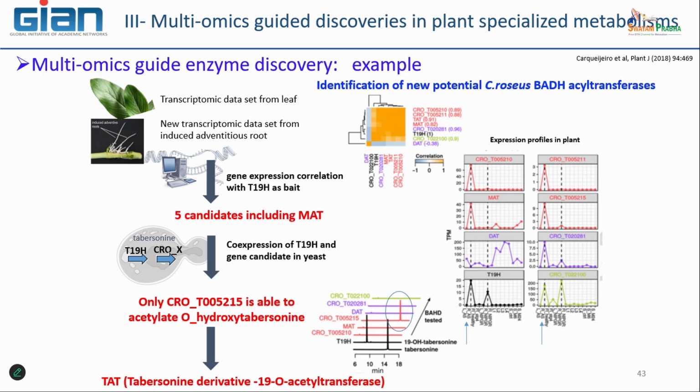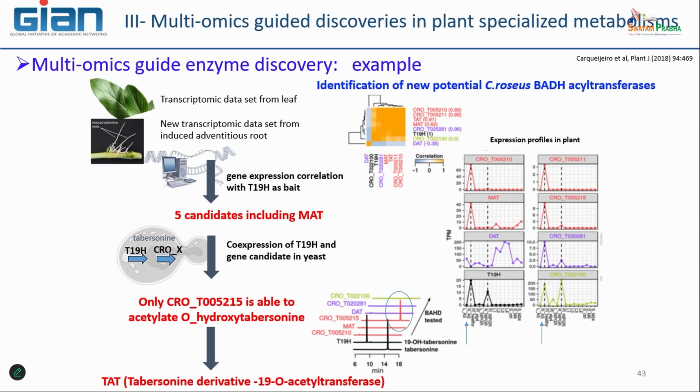Inside the genome of this yeast cell we add the candidate, but also the gene just before the candidate, and in this condition we test the ability of these transformed yeast cells to transform tabersonine into the product, for example lochnericine or another type of metabolite we are waiting for.